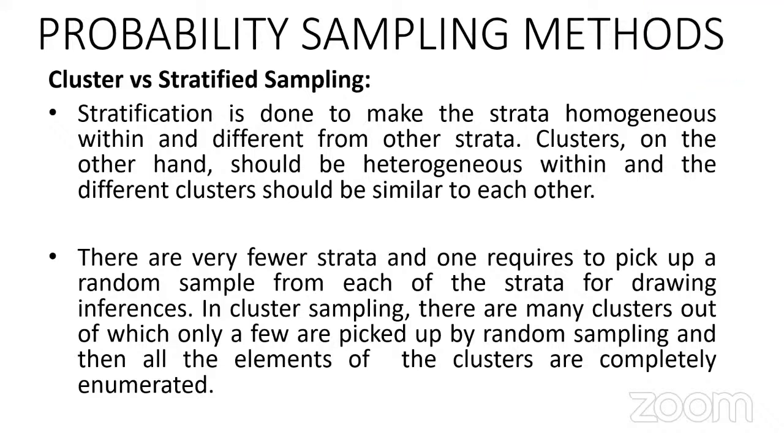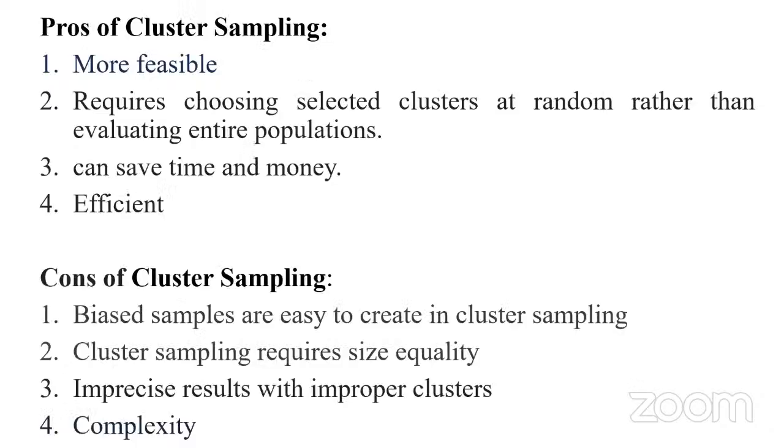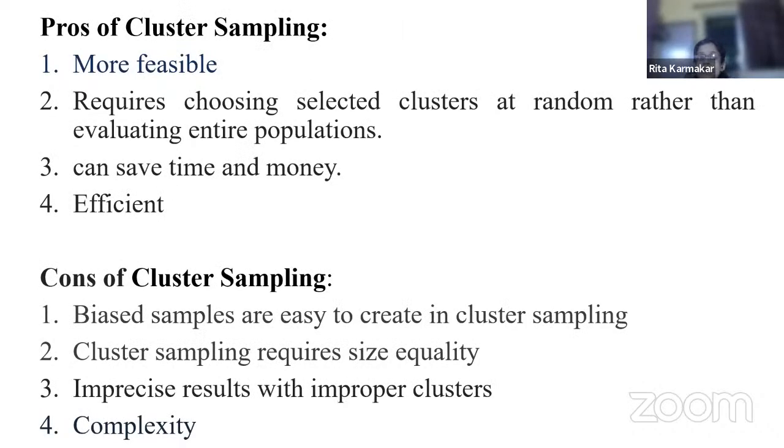Yes, ma'am. Okay. Now the pros and cons of cluster sampling. Cluster sampling is much more feasible, and it requires choosing selected clusters at random, rather than selecting from the entire population. So it is more representative.